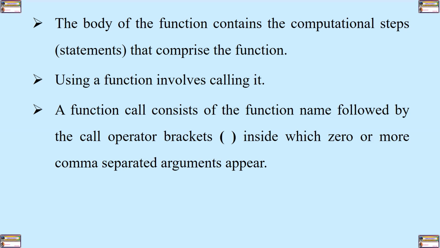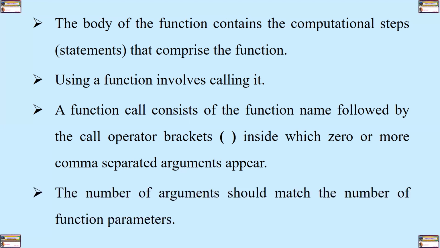If a function will require some values, those values should be passed to it by the calling function, which is the main, and the memory locations that contain the values you want to pass will have to be enclosed in this pair of parentheses.